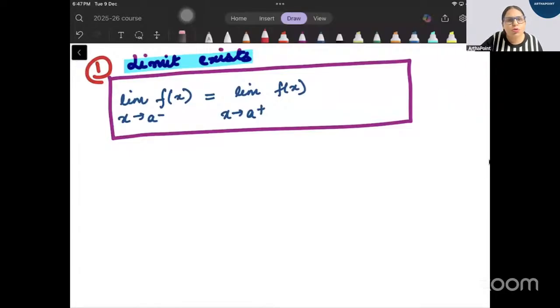अब कुछ बुक्स क्या लिखते हैं ना, they represent this limit in a very different way. और वो इसको कैसे लिख देते हैं? वो लिखते हैं, and up to you, if you want, if you are clear with this definition, it's fine.